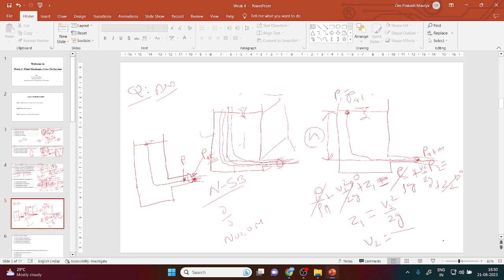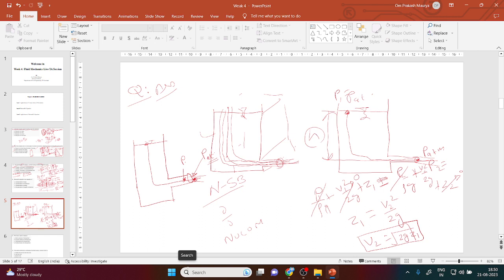So if we take such an assumption, then actually we are calculating velocity with that atmospheric pressure, isn't it? Actually, the velocity of that fluid is due to some pressure head, isn't it?